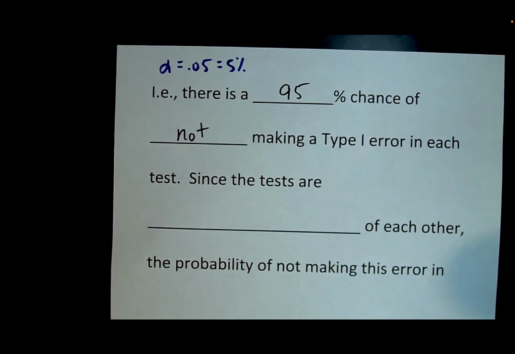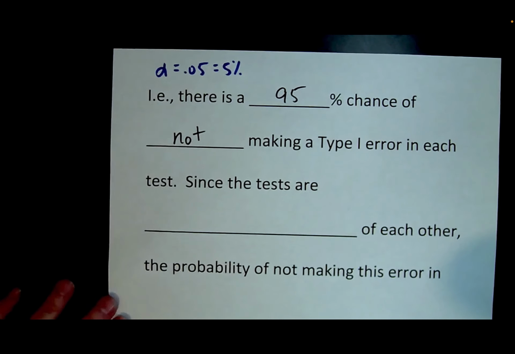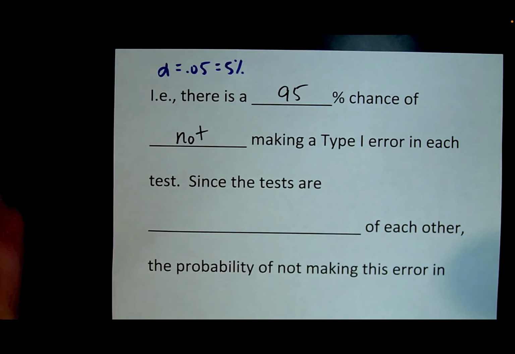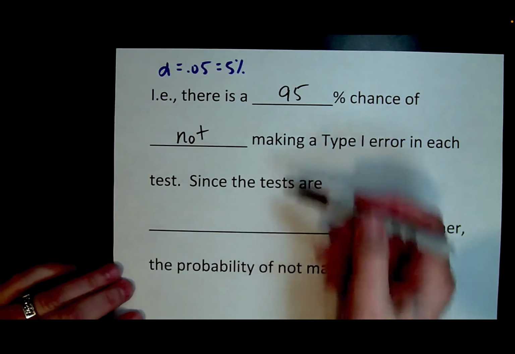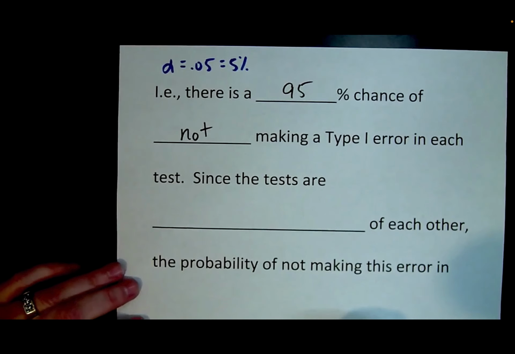So if you do each test at the 0.05 or 5% level of significance, that's your probability of making a type 1 error, so that leaves a 95% chance of not making a type 1 error in each of those tests. Now, the 3 hypothesis tests, again, I'm referring to the 3 that we laid out just above here.